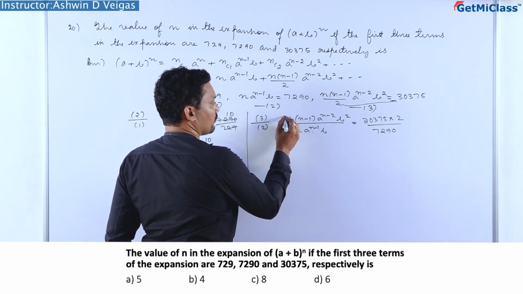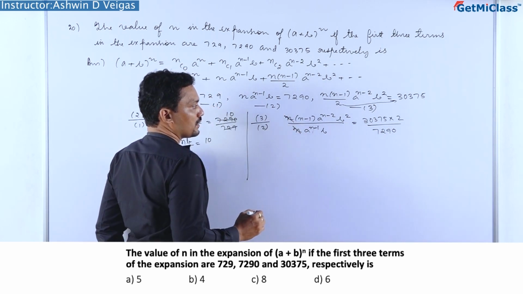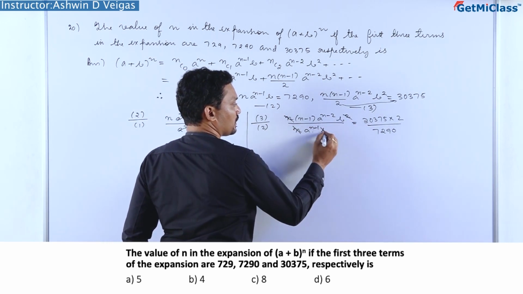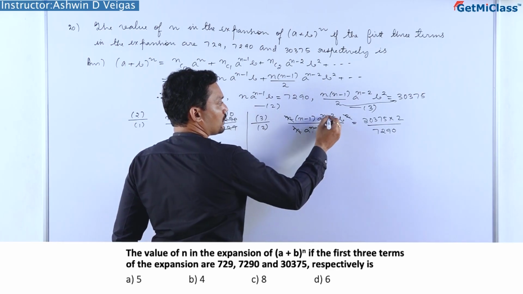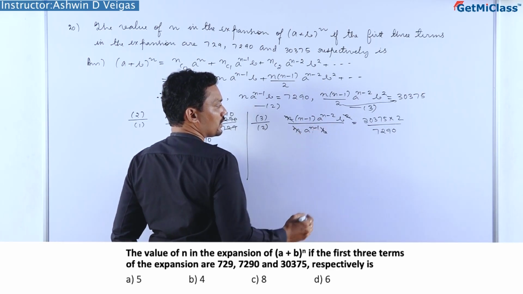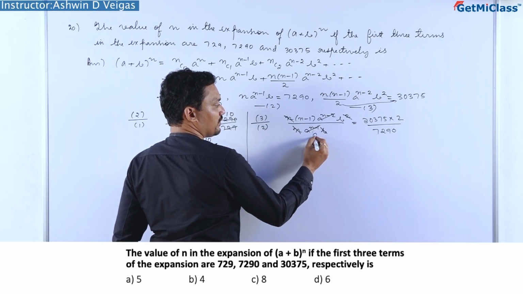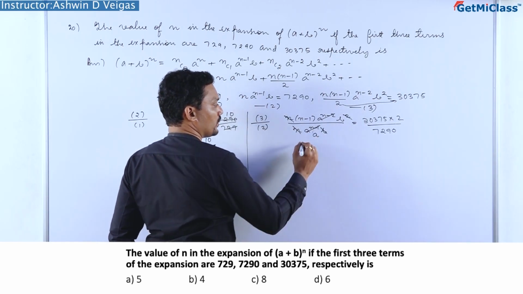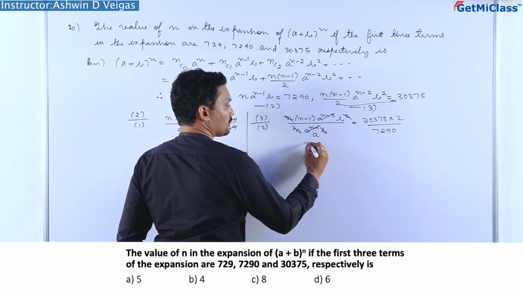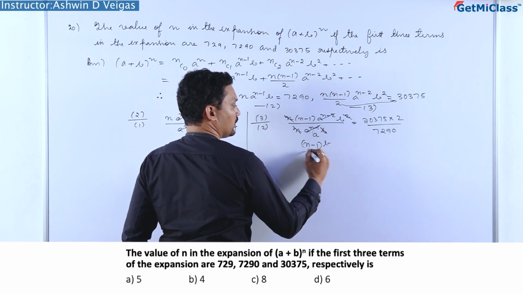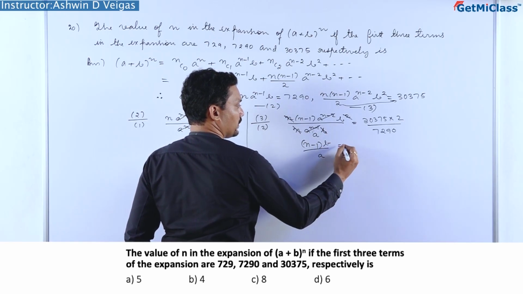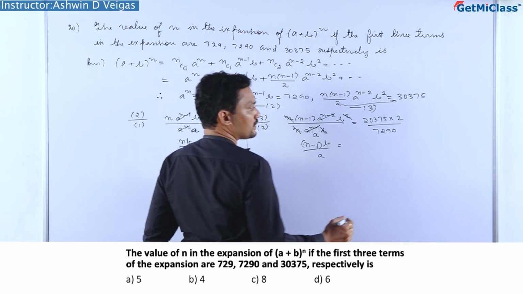So now here we can cancel n, then we can cancel b, and a^(n-2) and a^(n-1). a^(n-2) cancels with this, leaving a here. So we are going to get (n-1)b/a equal to, so we will simplify this.